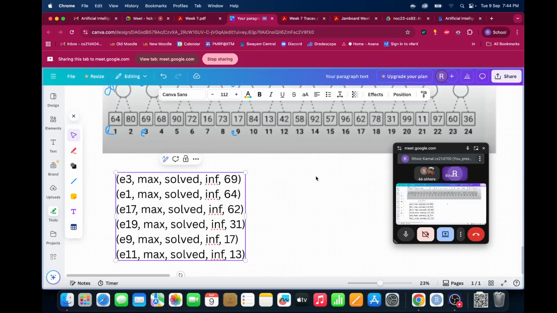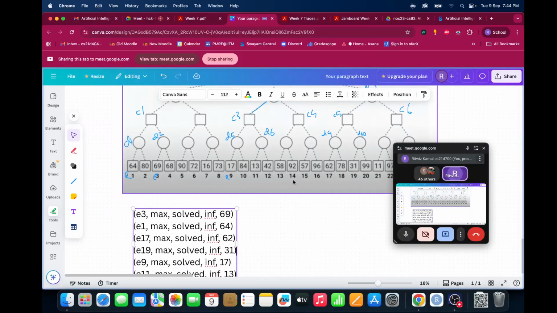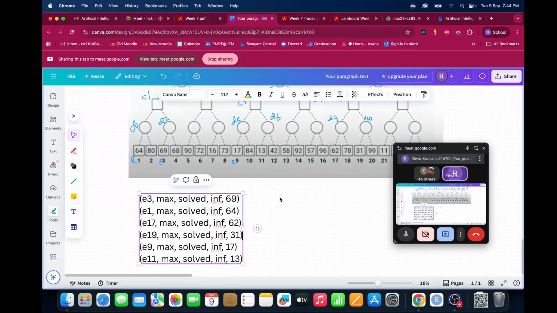Yes, sir. Right. Now that we have the initial clusters, we will follow this strategy. E3 is at the top of the priority queue currently.